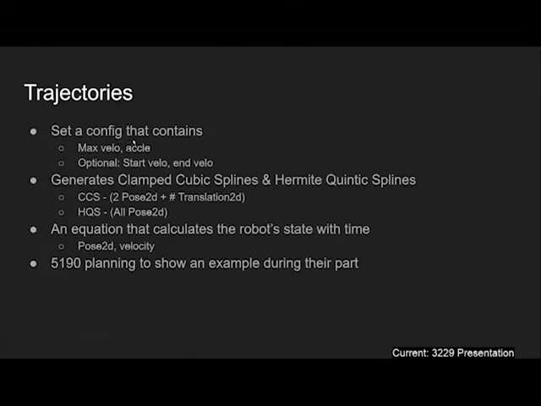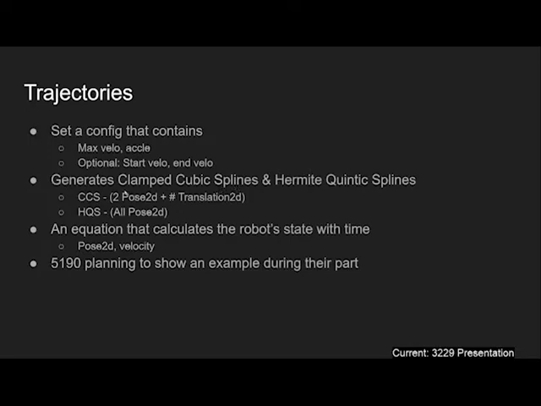The overview for trajectory is setting a config that contains the max velocity and acceleration the robot is capable of, and also setting the start velocity and the end velocity of the trajectory. Essentially, the trajectory is splines that the robot will follow.